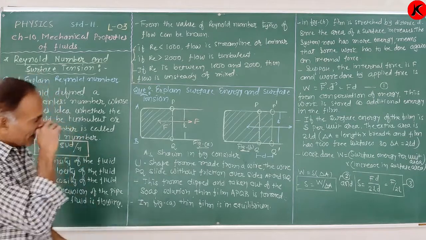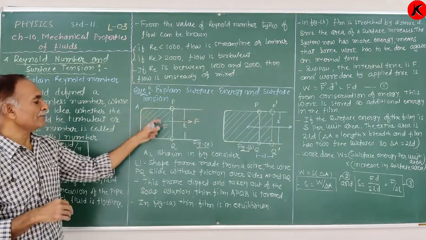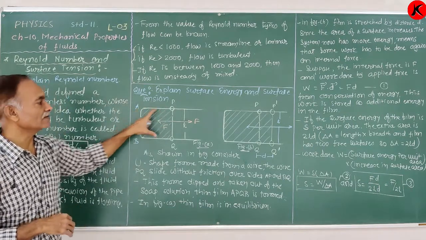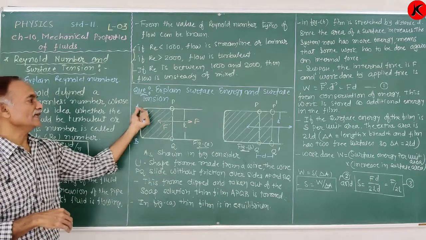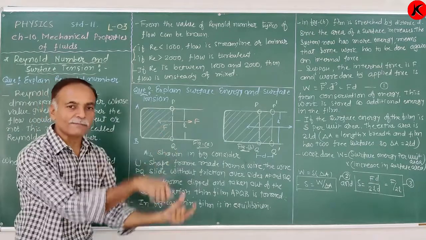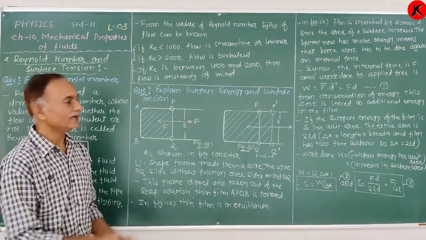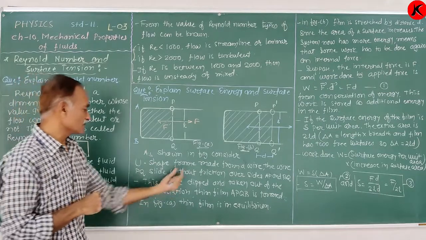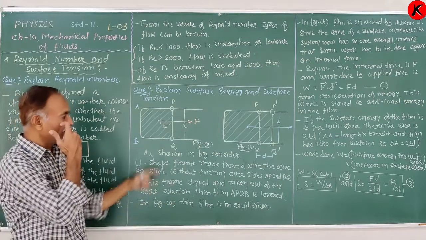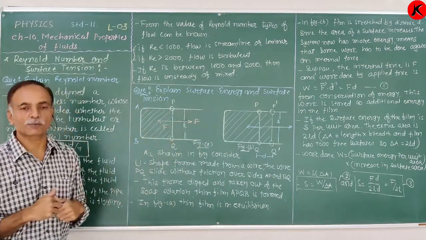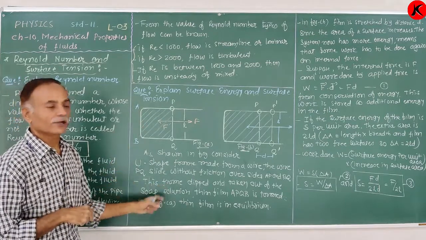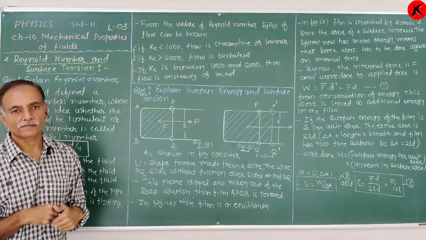Now this frame is dipped in soap solution, or soap water, and taken out. So what has happened? A thin film APQB is formed. Figure A shows the equilibrium position of the thin film.